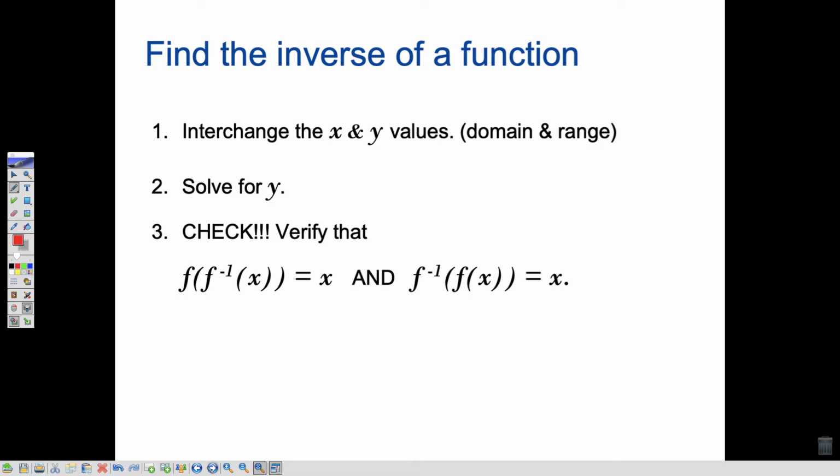Solve for y. That's it. And then what we should always do is check your answer. You all check your answer every time, right? Check your answer by doing f inverse of f, and f of f inverse. And what should they both equal? X.